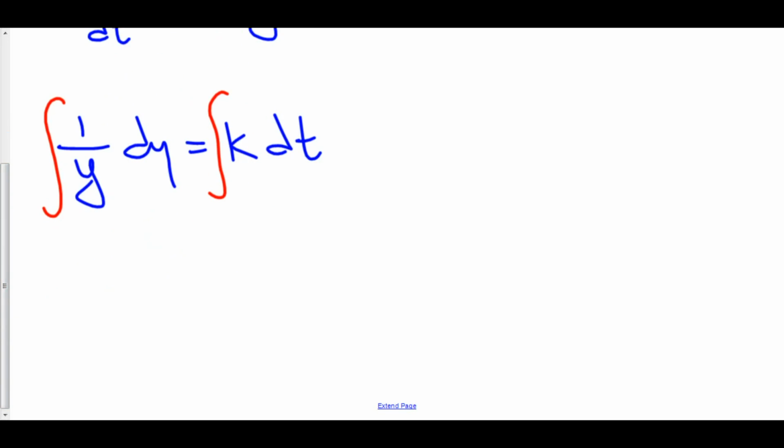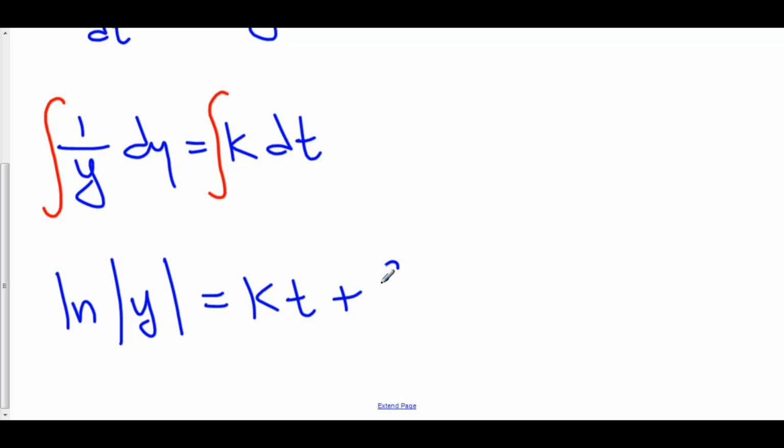The antiderivative of 1 over y is the natural log of the absolute value of y plus c, but of course I'll move that plus c to the right-hand side as we have done before. The antiderivative of k dt is kt, and I'll put my plus c over here on this side.